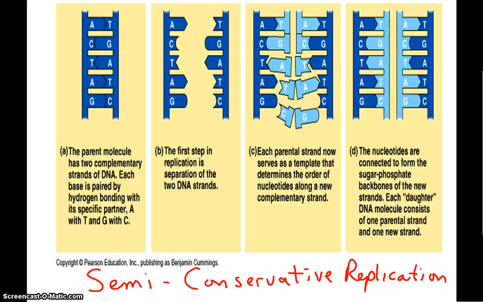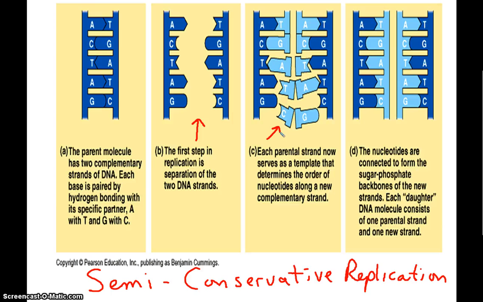If we look at it in a very simplified way, we're going to unwind that ladder and look at a very small piece. Over on the left under A, here is our parental DNA, a ladder with complementary base pairing. The first step is to separate those two. We'll unzip it just like a zipper. Now each parental strand serves as the template, and you can see the lighter blue, the complementary nucleotides right here, will come in, and because of the hydrogen bonding, A with T and C with G, they fill in where they're supposed to go.